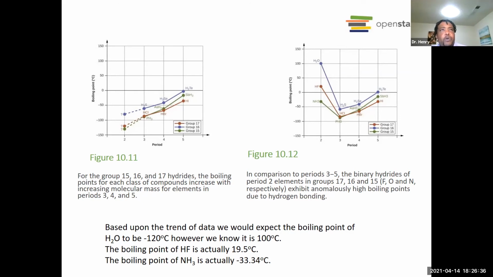But that dipole-dipole isn't as strong as the electronegativity effect that the oxygen has with the hydrogen, and the hydrogen has with the fluorine, and the hydrogen has with the nitrogen. Does that make sense? Are you with me? Okay, piece of cake, right?